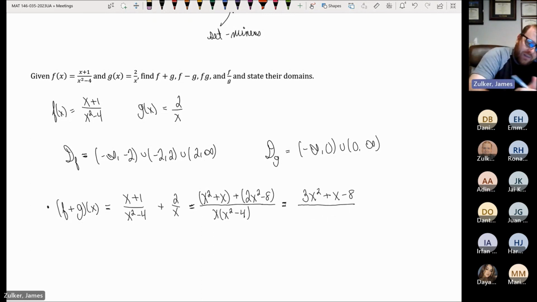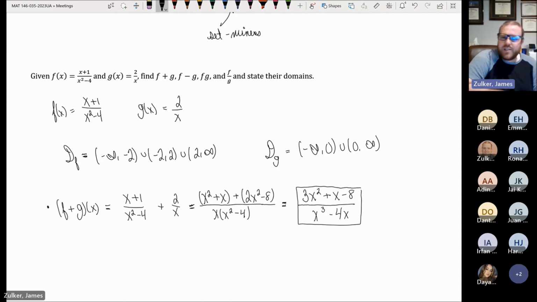Yeah, let me do that. Let me actually distribute that x through and just write that as x cubed minus 4x. So there's an expression for f plus g.